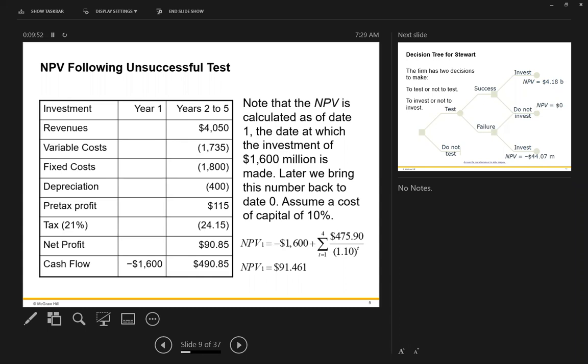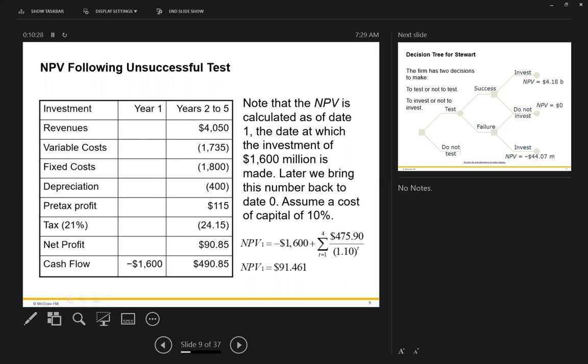So our pre-tax profit would be 115, giving us tax of 24.15. So net profit would be 90.85, add back your depreciation. So cash flow under unsuccessful testing would be 490.85. Again, determine your net present value as of the end of time 1, beginning of 2, because that's when the 1.6 million will be invested to move forward with the project.